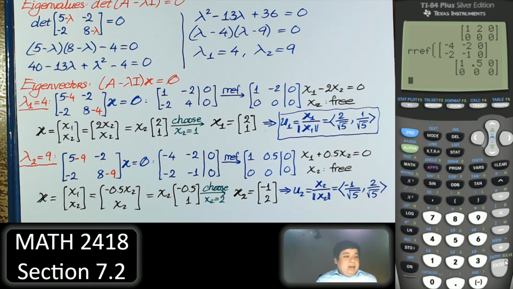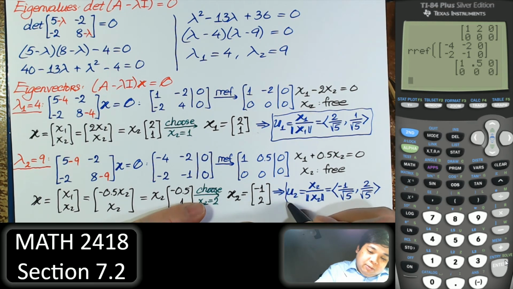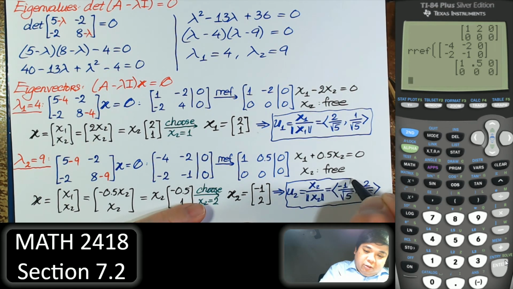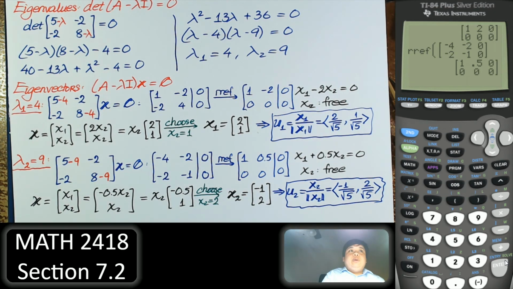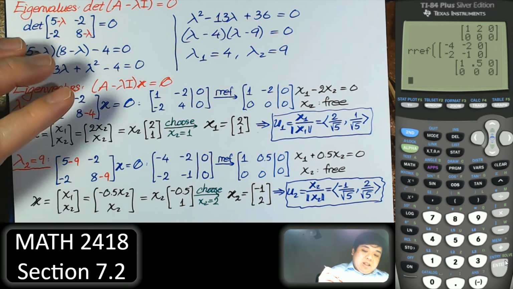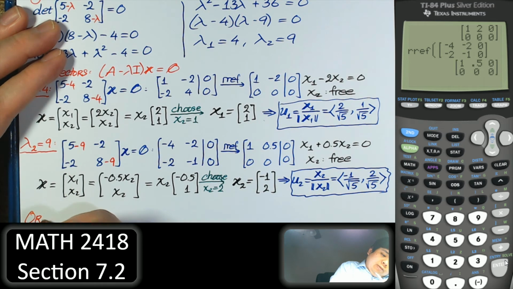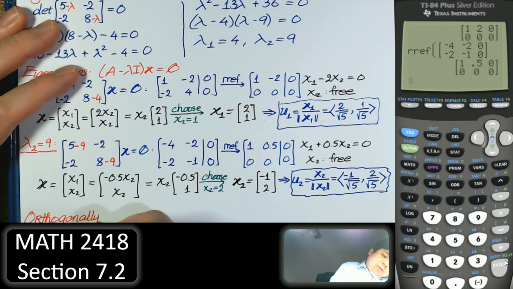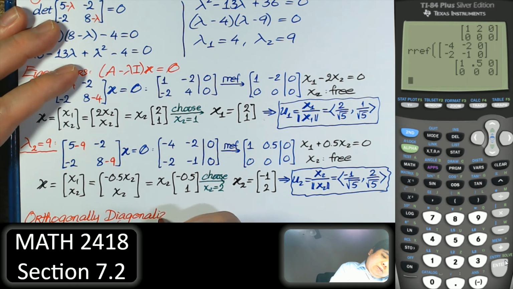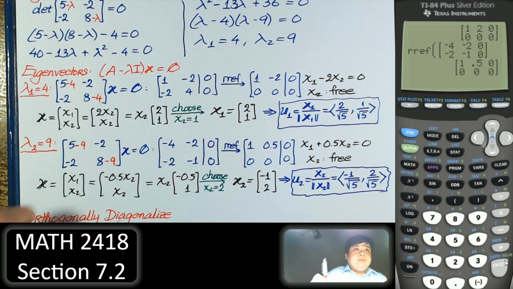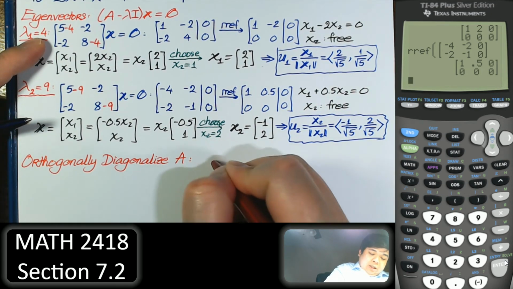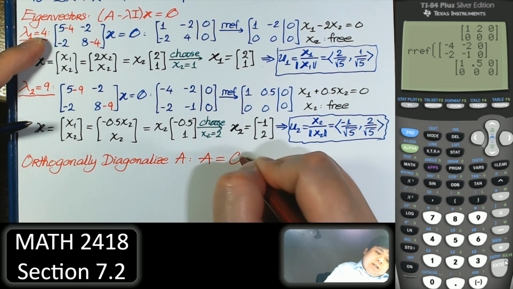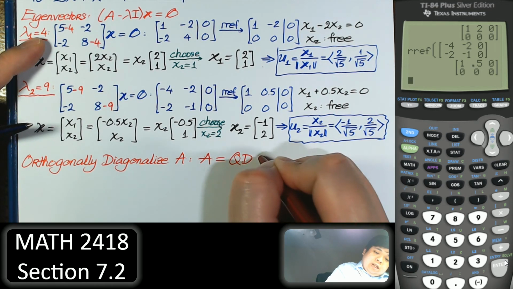Right, and then with that, when we have orthonormal vectors for Q, we can diagonalize it. So A will be written as Q D Q transpose.